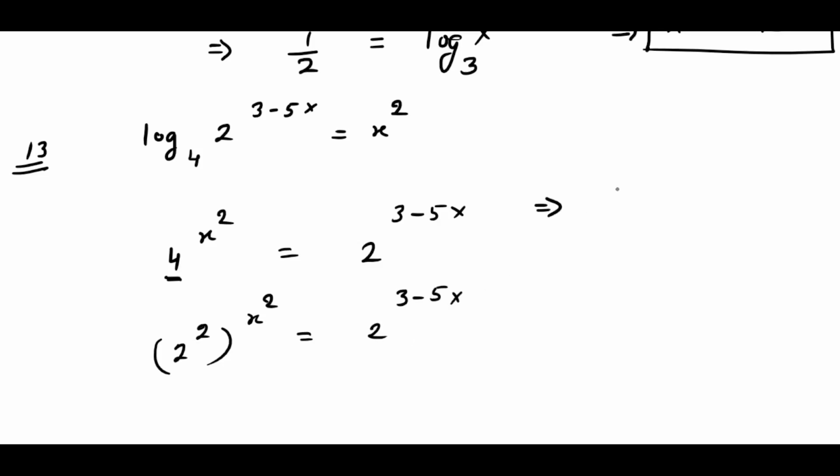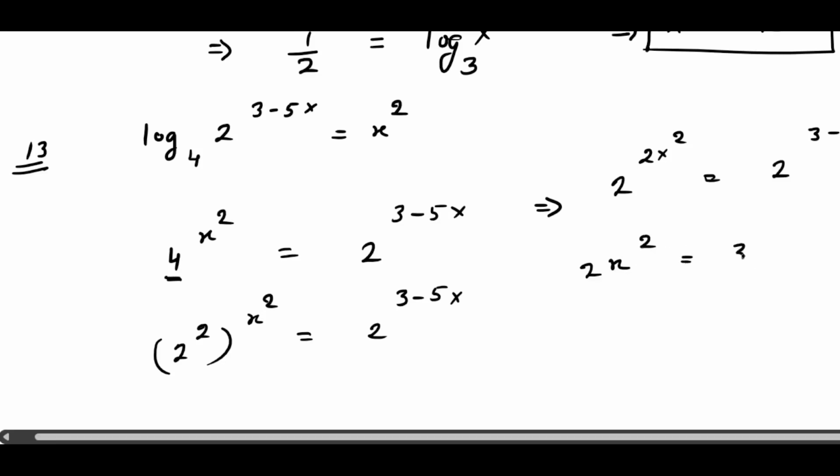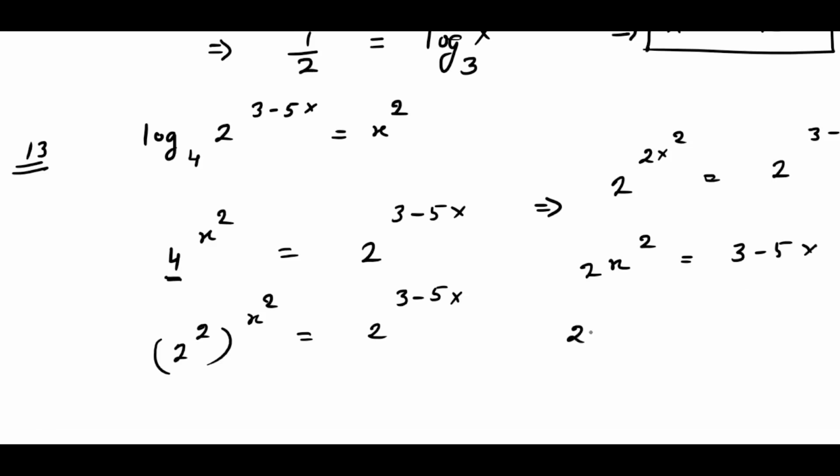So from this I can say that 2 power 2x square is equals to 2 power 3 minus 5x. From this, I can say that 2 times x square is equals to 3 minus 5x. From this, I will conclude that 2x square plus 5x minus 3 is equals to 0.